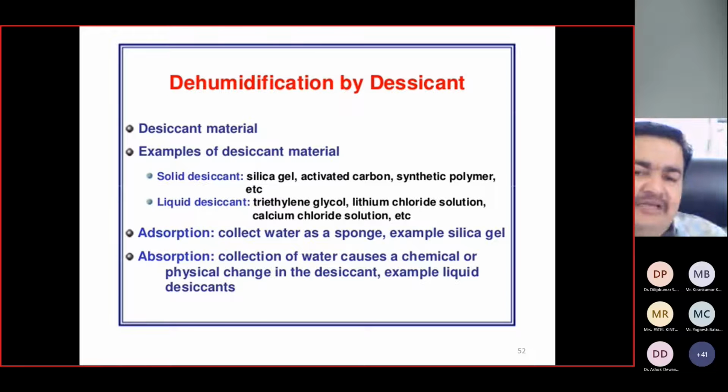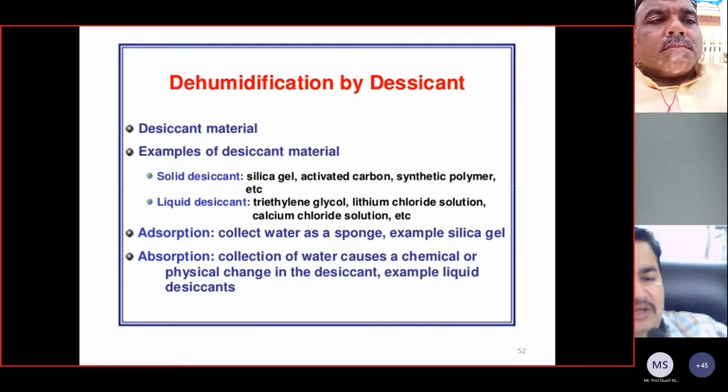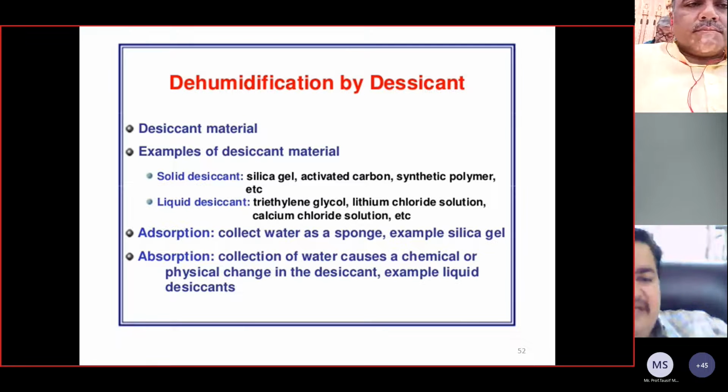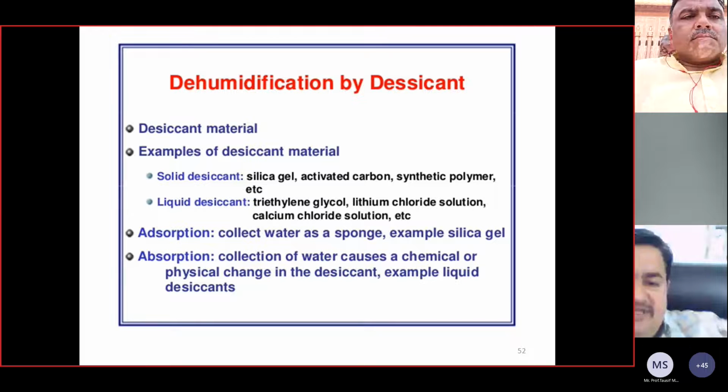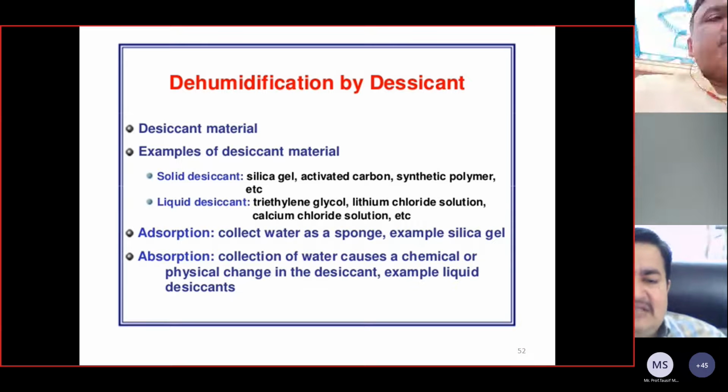So there are different desiccant materials. We may divide the system into two categories: solid desiccant cooling system and liquid desiccant cooling system. These are the list of desiccants: triethylene glycol, lithium chloride solution, etc., used in the liquid state, called a liquid desiccant. In solid desiccant, the system is termed adsorption. Water is collected only on the surface area of the desiccant material, and does not take part internally through the rest of the structure.